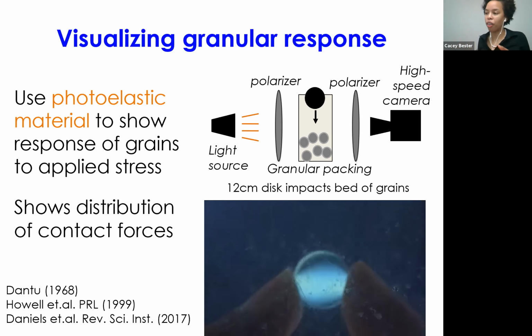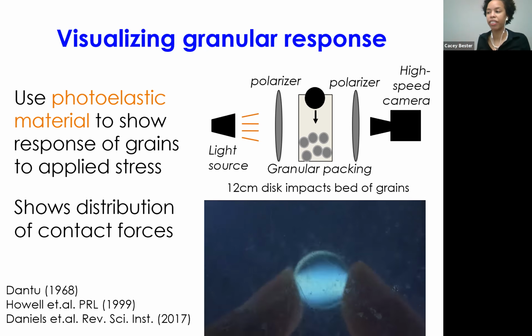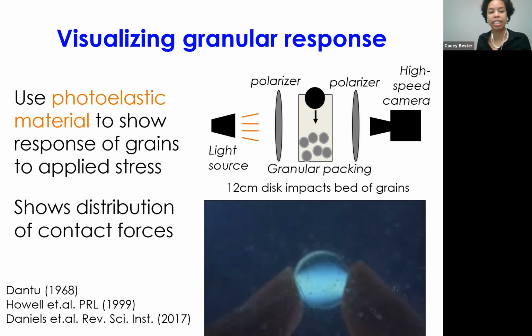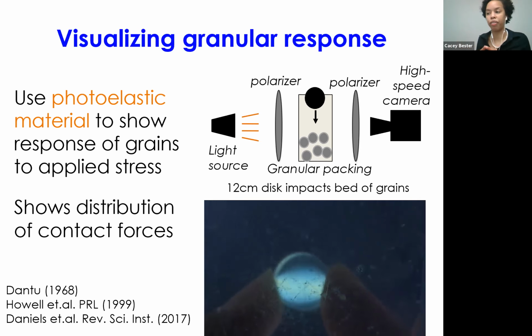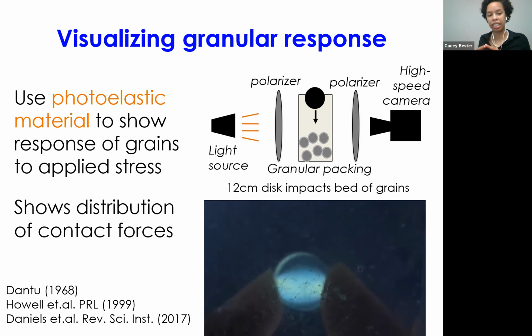In the corner, I'm showing a video of me just holding a single grain. It's just a few millimeters in diameter, and pressing it between my fingers. As I apply a stress to this photoelastic material, we then start to see bright and dark fringes that indicate the level of stress that the grain is experiencing.